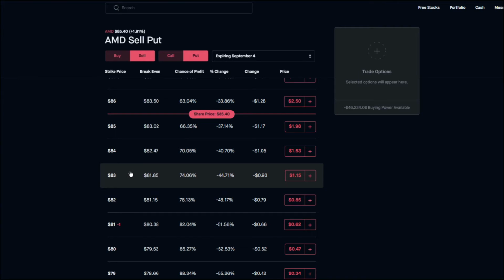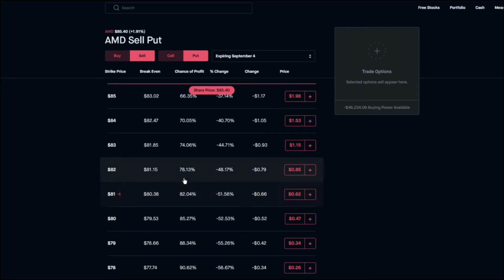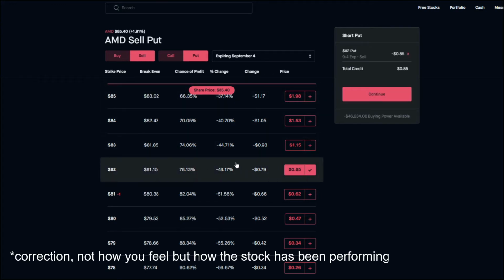But whenever you're doing this, you're going to choose one that's out of the money, one that you feel like is not going to go below that price, right? So like I feel like if AMD is not going to go below $82 before September 4th, then I'll get this premium, right?